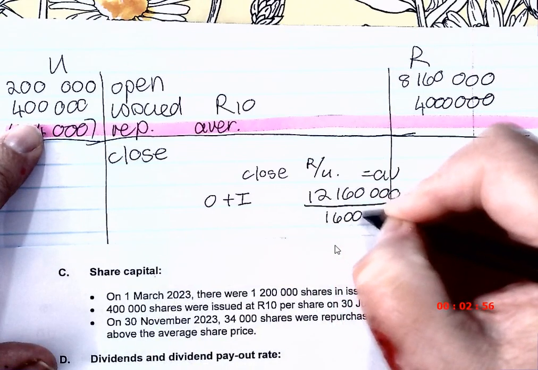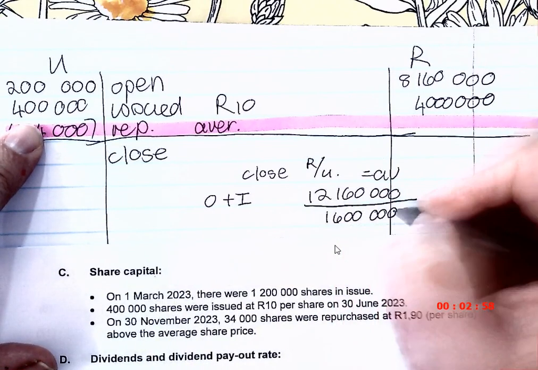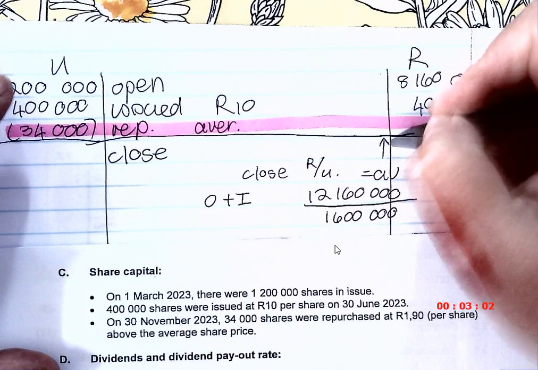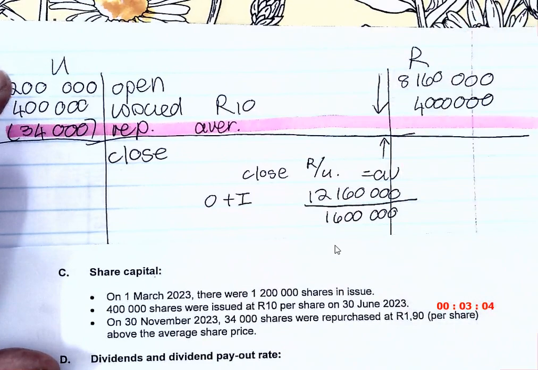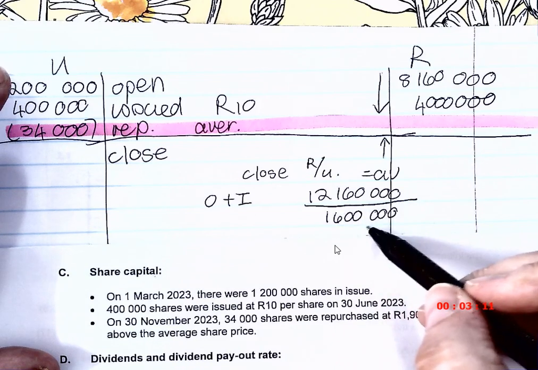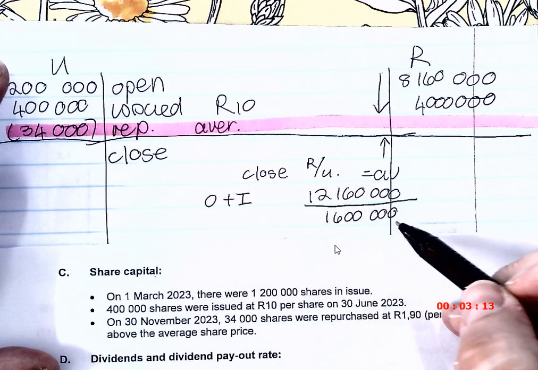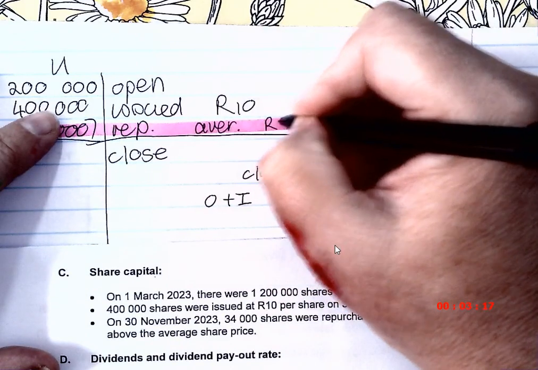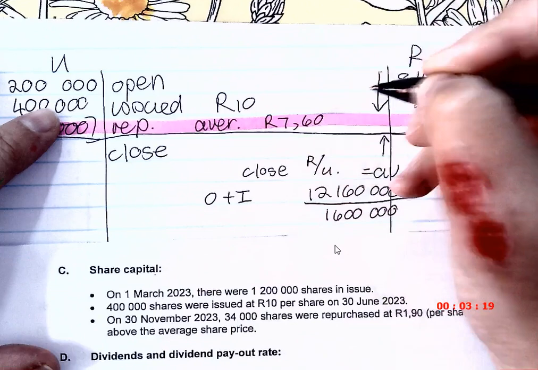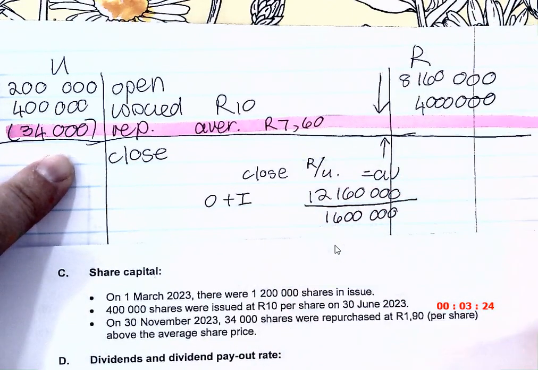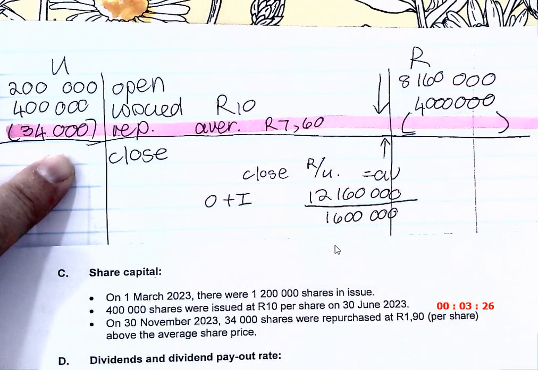Can you see what I did? I either work the average like this, or I work the average like that, you get it? So now, if I say 12,160 divided by 1,600,000, what's my average? 7.60. Okay. And now I say 34 times 760. It's going to give me how much?